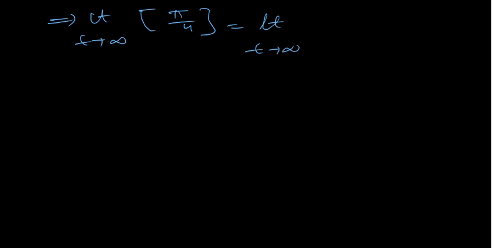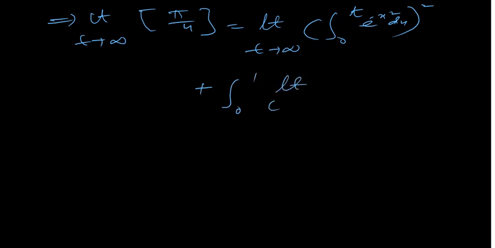So this gives limit t approach to infinity f of t plus g of t is pi by 4, and this is limit t approach to infinity integral 0 to t e power minus x square whole square, plus integral 0 to 1 limit t approach to infinity e power minus t square times 1 plus x square divided by 1 plus x square, then we have dx.